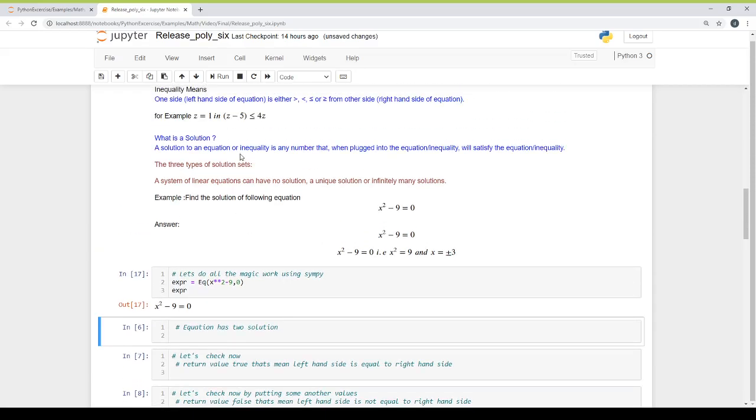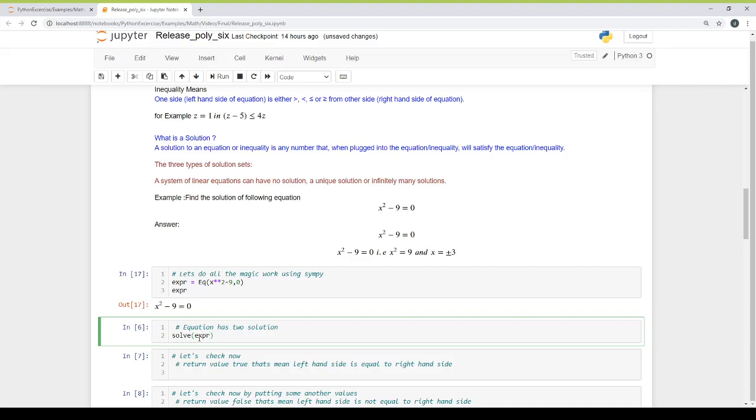A solution to an equation or inequality is any number that, when plugged into the equation or inequality, will satisfy it. So to solve the equation expr, SymPy provides us a very useful method, solve, which takes two arguments, or optionally we can pass a second argument.